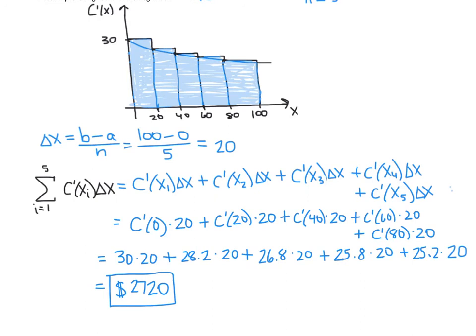If we think about what happens as our subintervals get bigger and bigger, approaching infinity, our delta x's, the width of our rectangles, are just going to get smaller and smaller, and eventually they're going to approach 0. And so our Riemann sum is going to get closer and closer to the exact area under that curve.